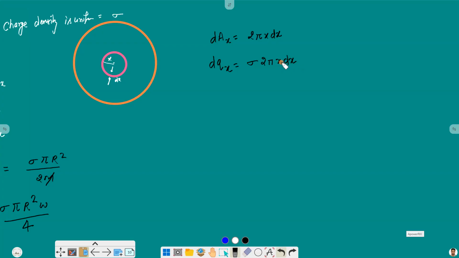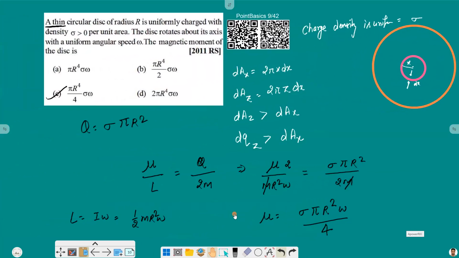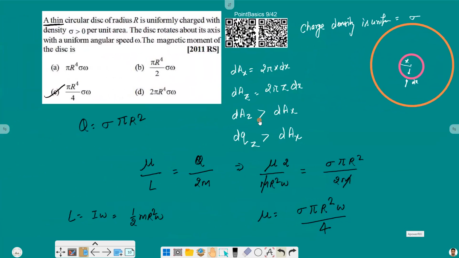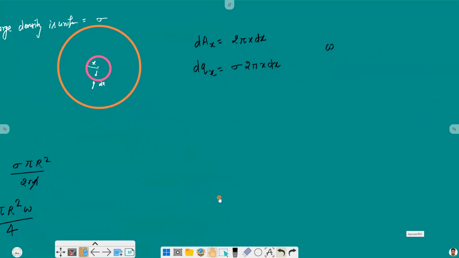Now we have been given the rotation frequency, that this disk is rotating. Let me check. The angular speed is given as omega. If the angular speed is omega, then we know omega is equal to 2 pi into frequency, and the frequency comes out to be omega by 2 pi.